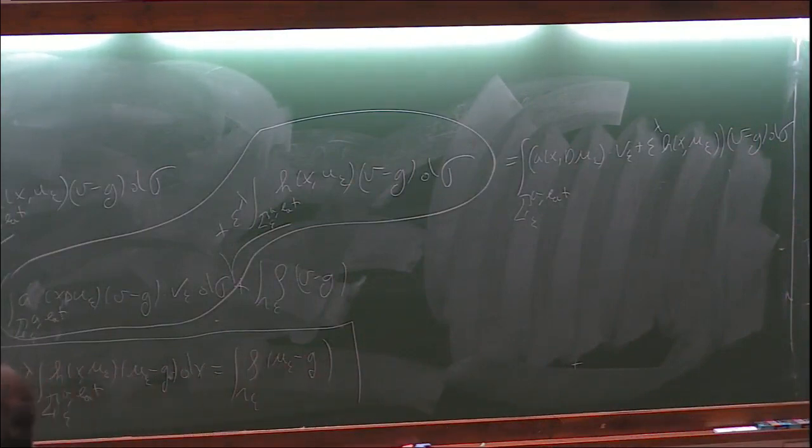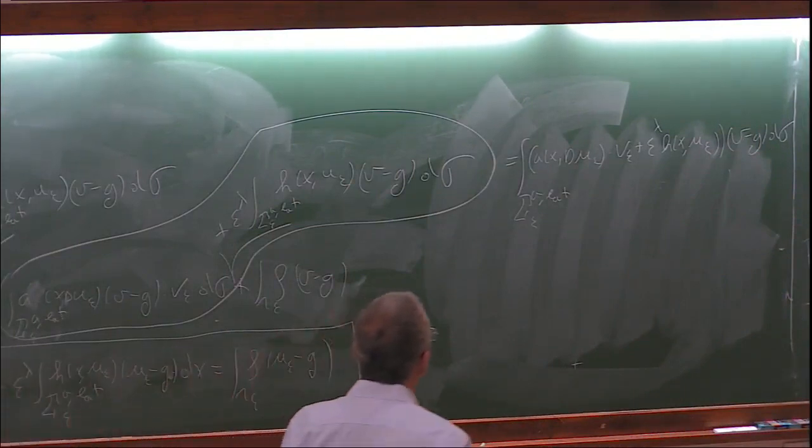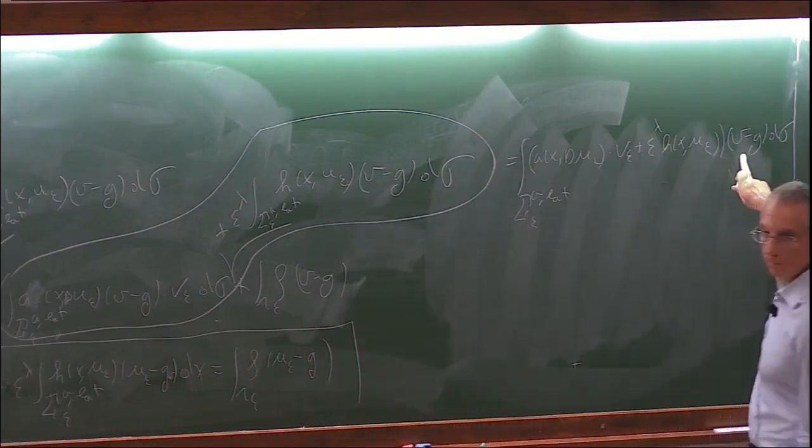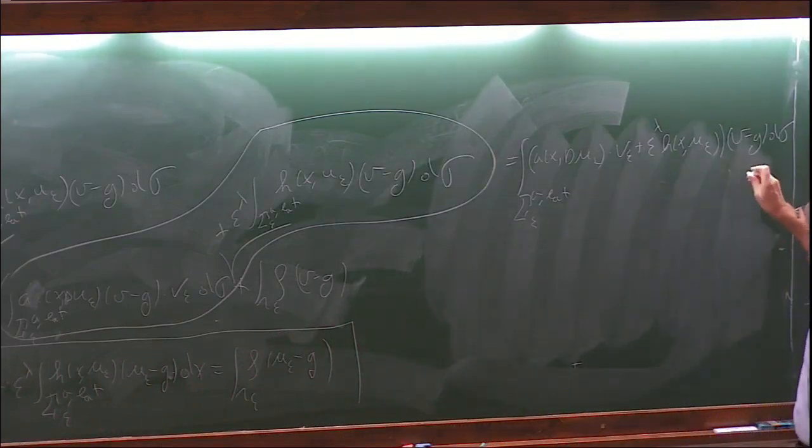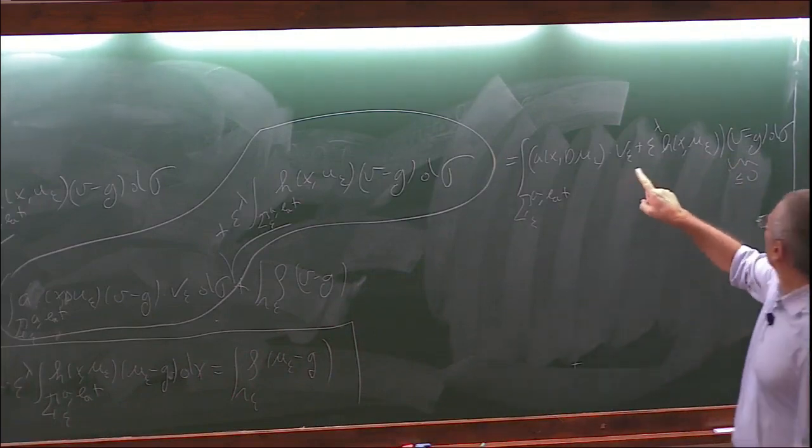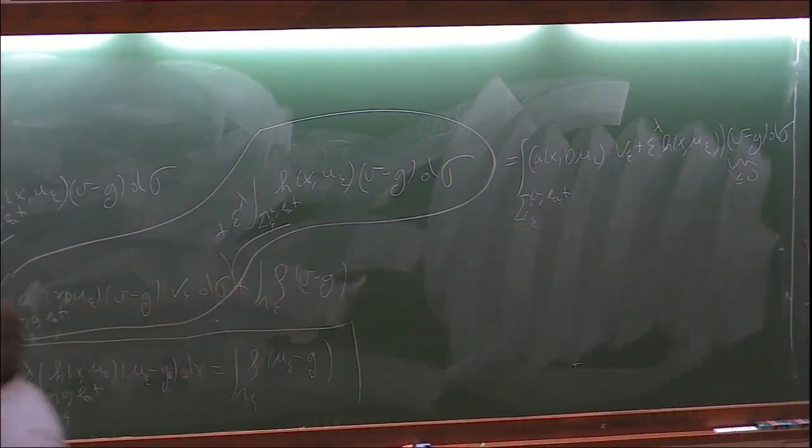We know that v is less than g. Then this is less than 0. Now this condition, we have not used this condition. This is less than 0.